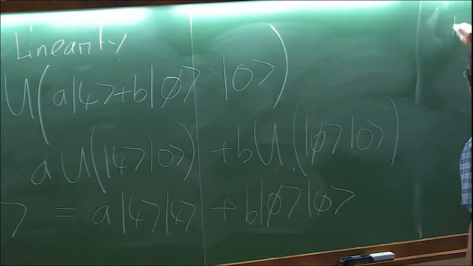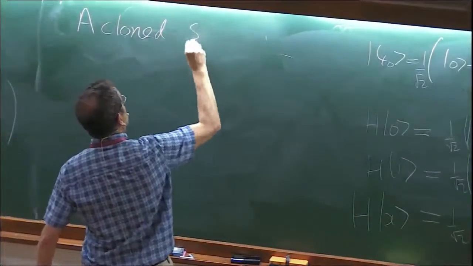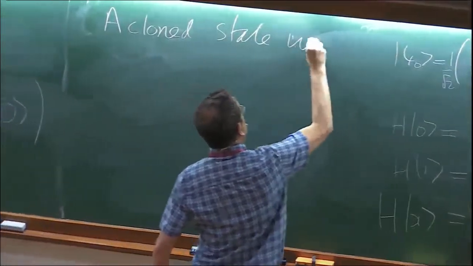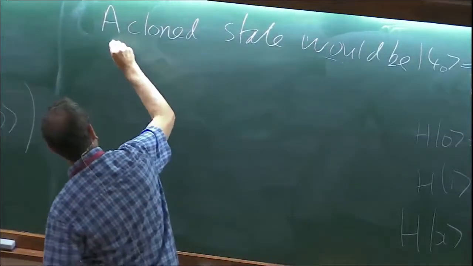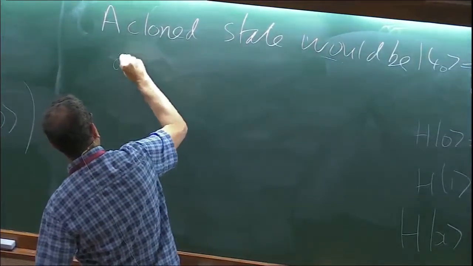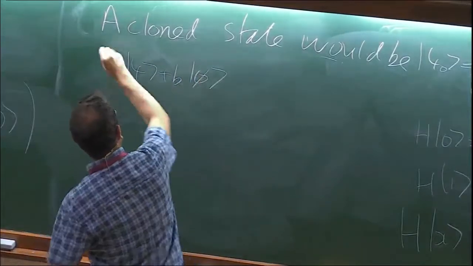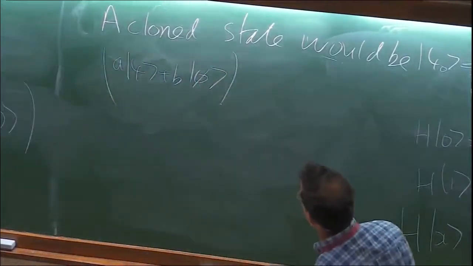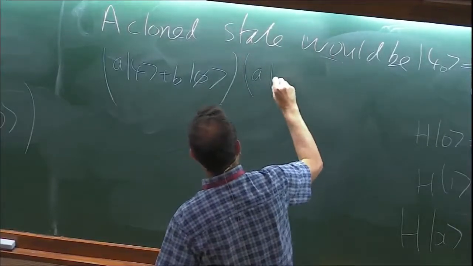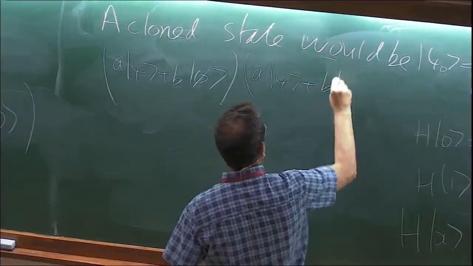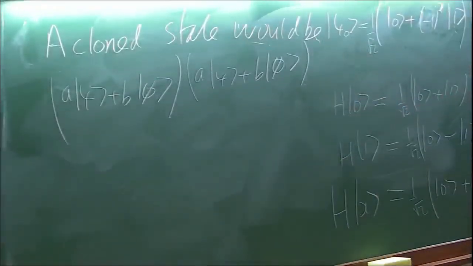So let's write what a clone state would be, where the first register is in a linear combination of psi and phi, and the second one would be exactly the same. This is what we would like to do, but that's not what we had.